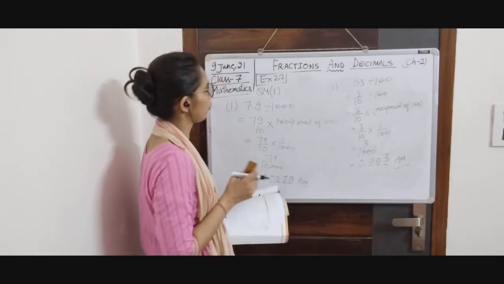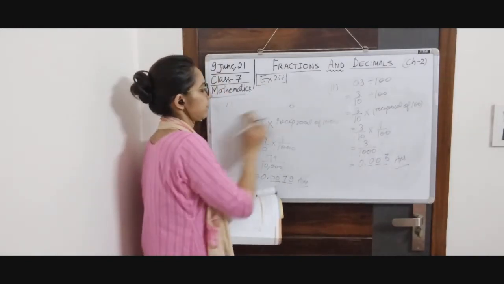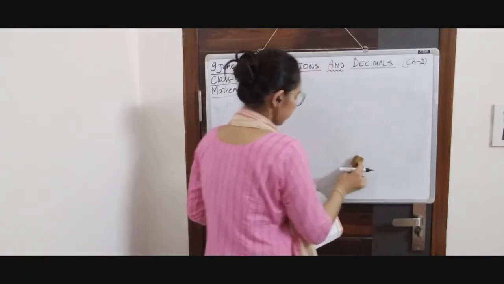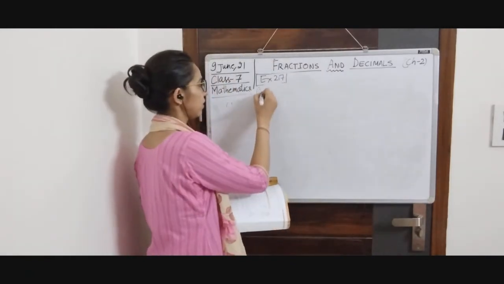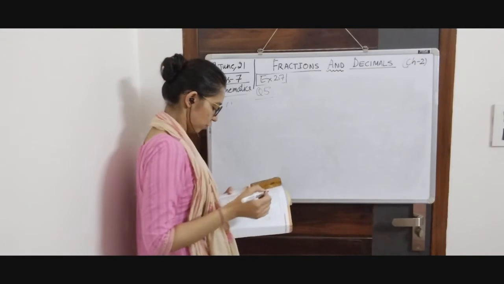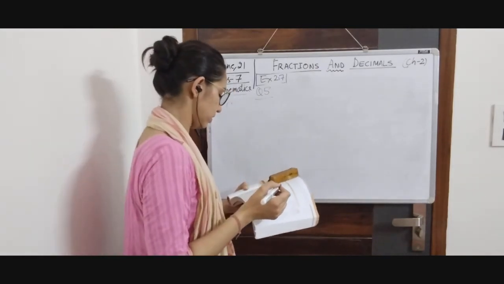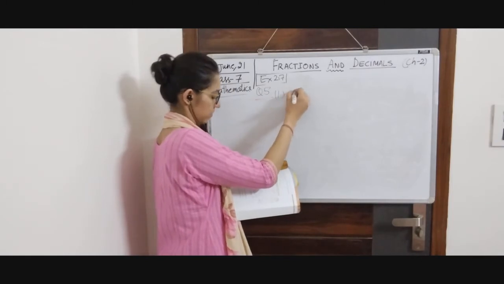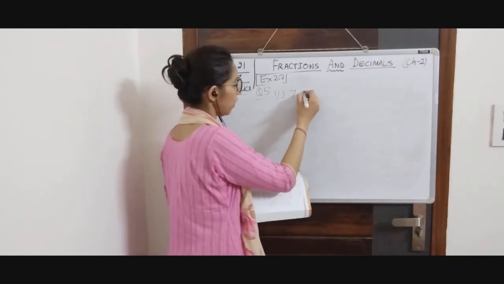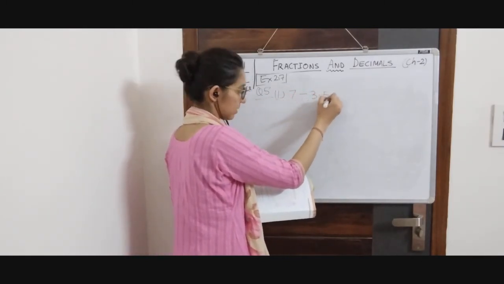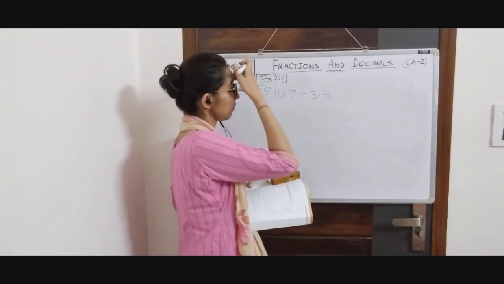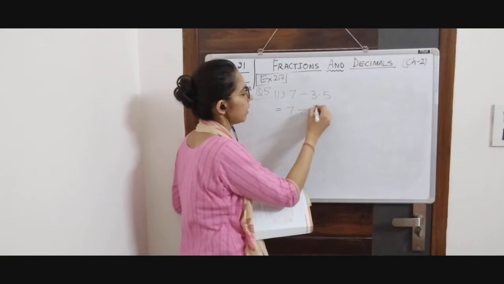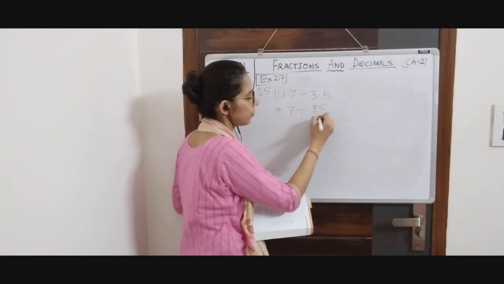Now we will move on to question number 5. It says that you have to perform division again, but in this we have a whole number and a decimal number. 7 divided by 3.5, so it will be 7 divided by 35 by 10.